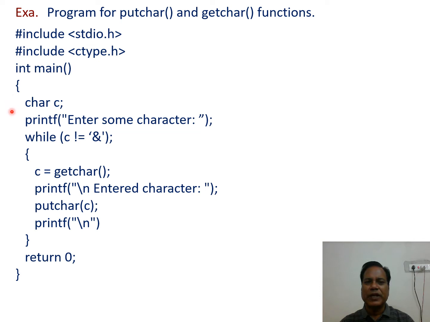The first statement of main declares the character type variable c. The next statement prints Enter some character on the output screen, where the user enters the character.